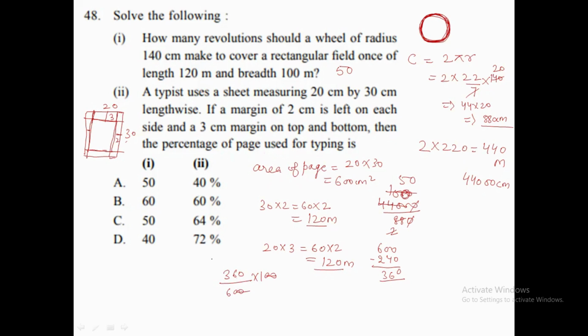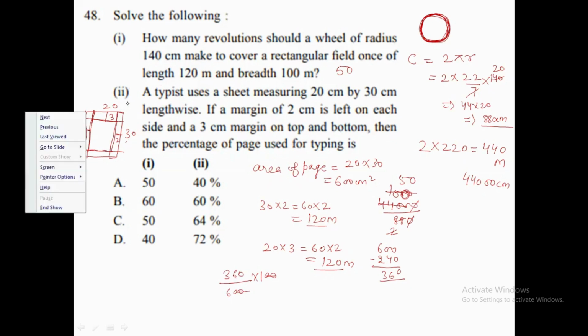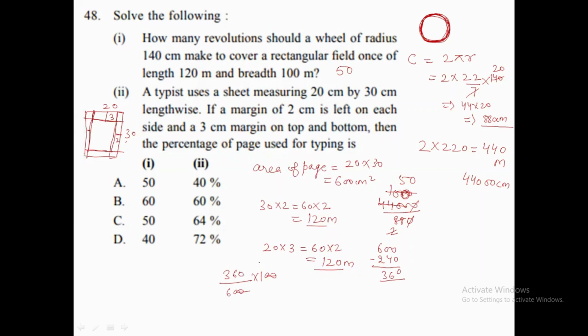And when we are doing it, we are finding it. That portion is also here now, so we need to find the area of that one also. When we are calculating it, we will get something similar to 64%, because we need to find the area of these things also: the area of this portion, this portion, this portion, this portion.